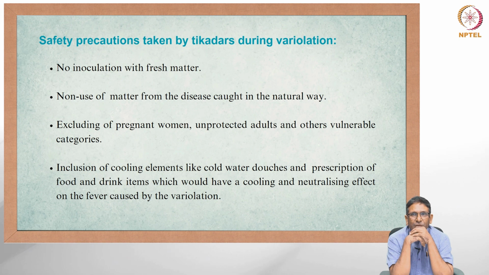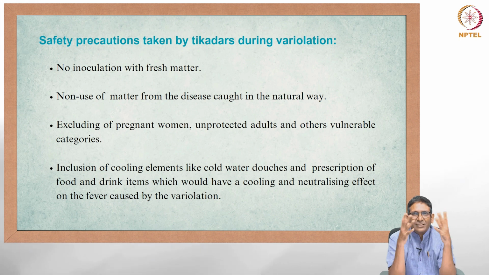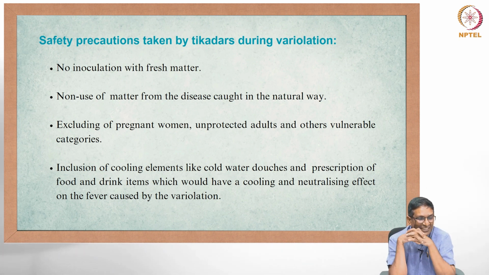And of course, there were other precautions also which were taken to make sure that the remedy itself does not become a problem, as it happens in many cases, not only in medicine but generally in life, in administration and other things.